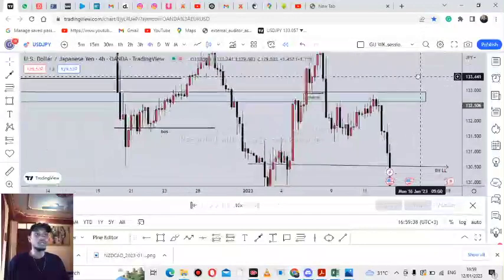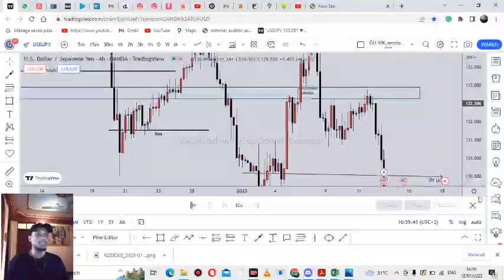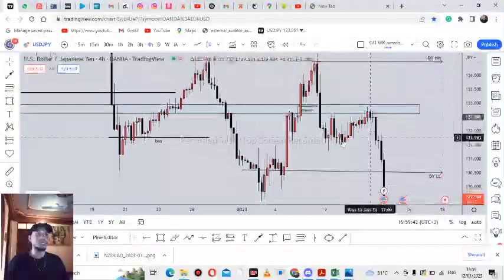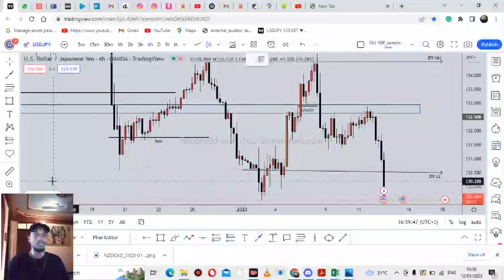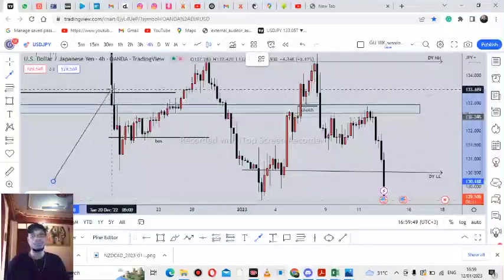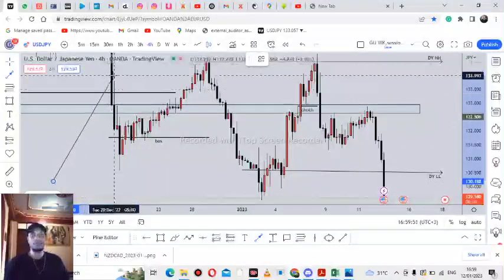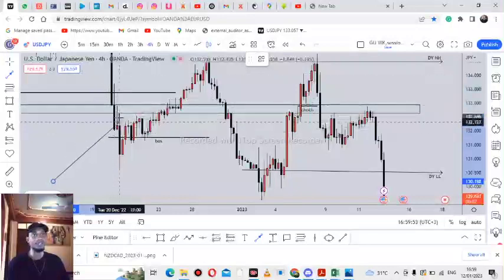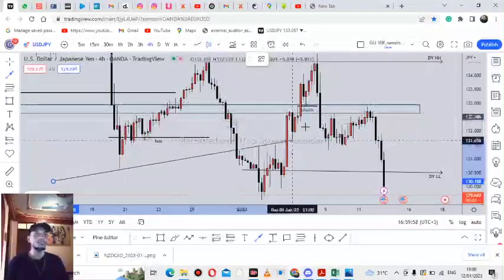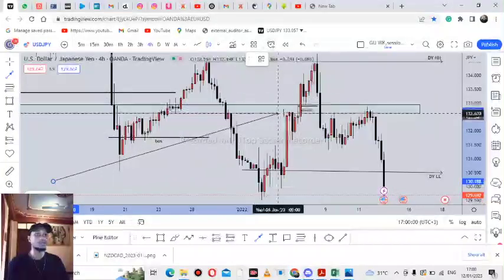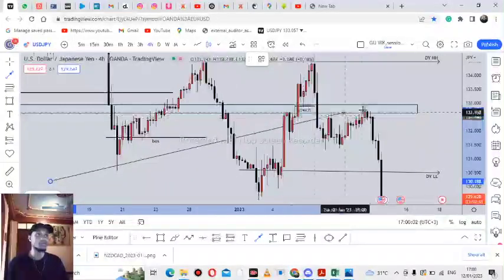But what about here? As we can see here, this area also had these features of support and resistance on the 4-hour, because here we have an impulse break, we have weak rejection, we have consolidation, we have impulse breaks, we have resistance, we have support.